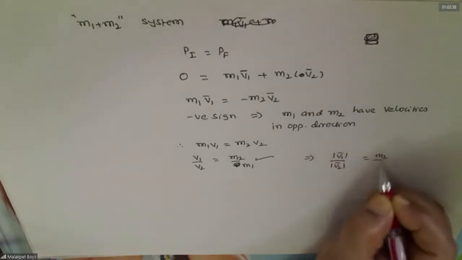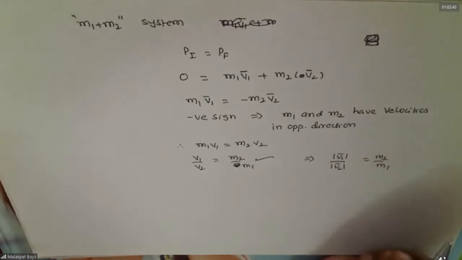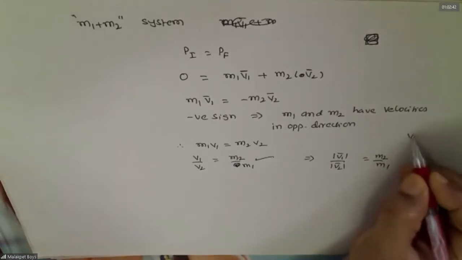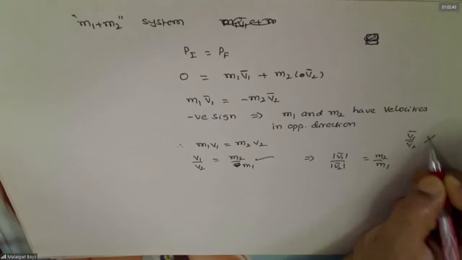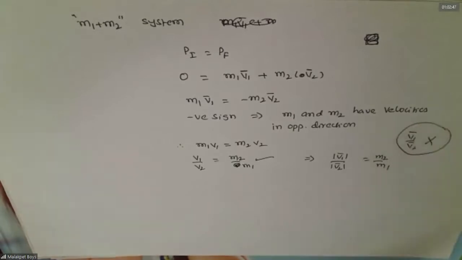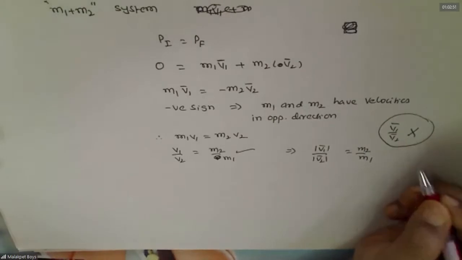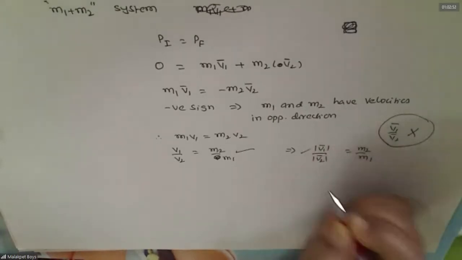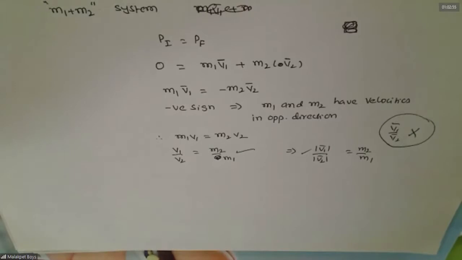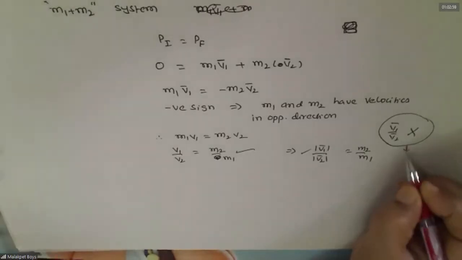Ratio of velocity means magnitude of velocity. This is wrong actually, don't write like this. Why? Because you cannot divide vectors. Only magnitudes can be divided. This is correct. Never divide vectors.